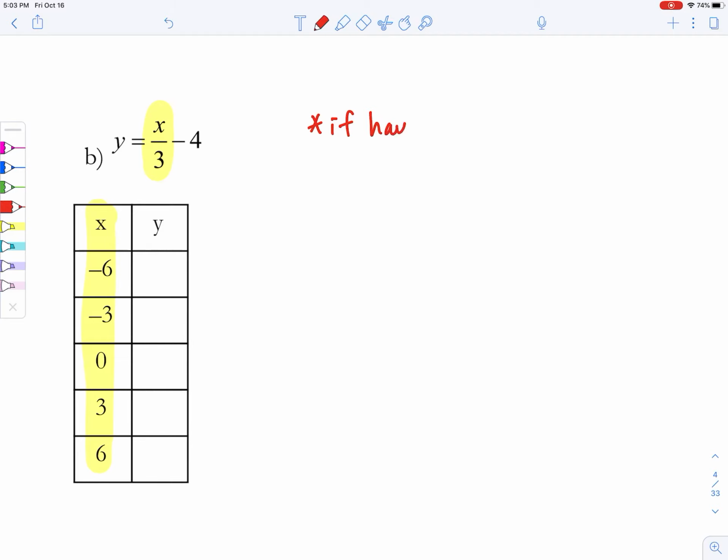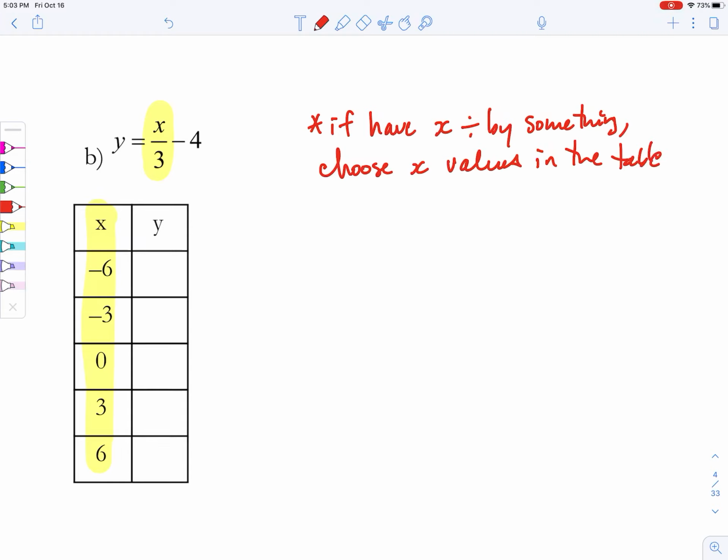If we have x divided by something, we just want to choose our x values in the table that can be divided nicely, like with no remainder, nicely by that something.